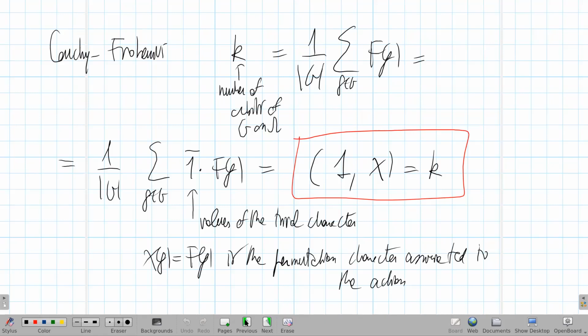So last time we had seen the Cauchy-Frobenius lemma, which says we have a group G acting on a set omega.